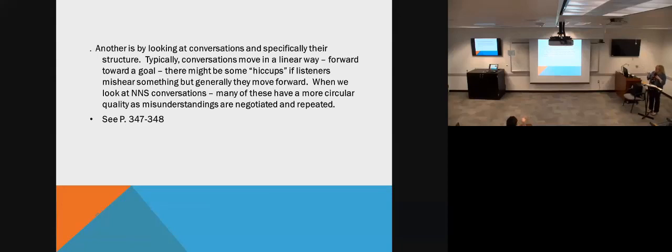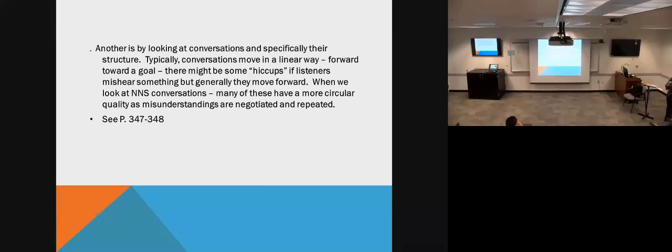If listeners mishear something, there might be a hiccup, but generally you're always moving forward. Well, when we look at non-native speaker conversations with native speakers, many of these have a more, what they call, circular quality, right? As misunderstandings are negotiated and repeated.